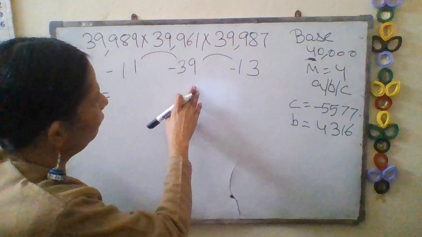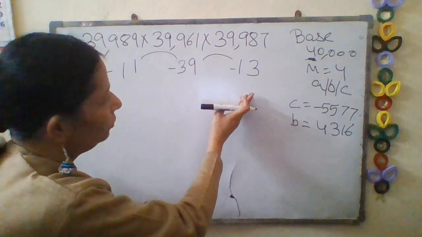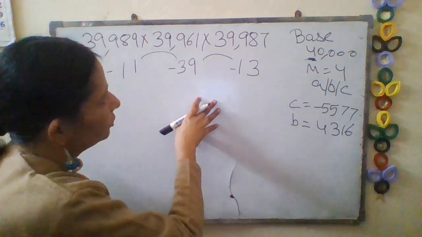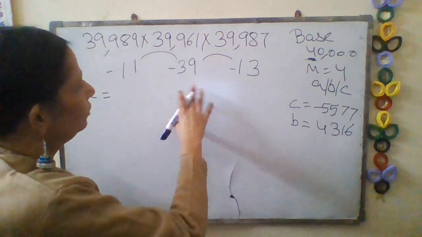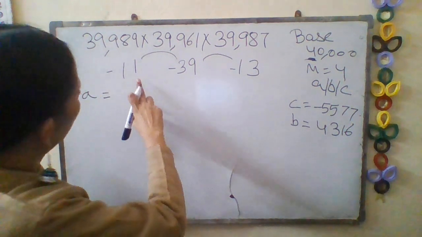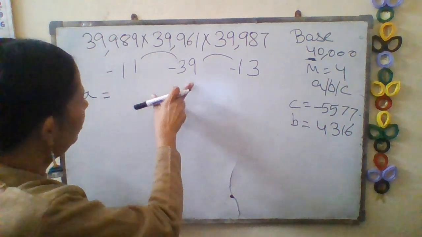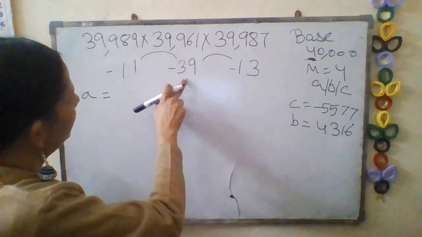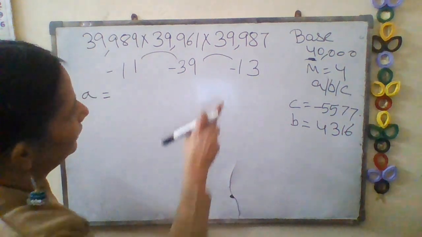And if you will add first this 39 and 13, then what will you do? You will carry here also, then you will subtract there also. Okay, so that will be difficult. Minus 39 and minus 11 will be minus 50. So these two terms I am taking together to minimize my calculations and make it easy.